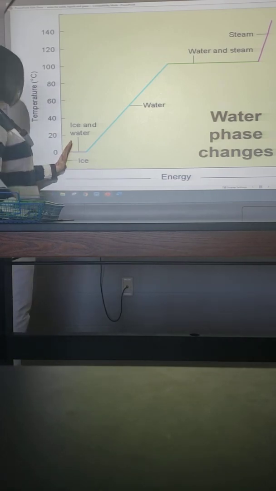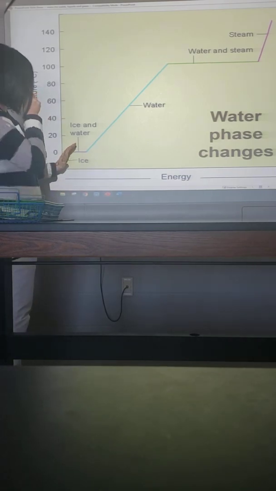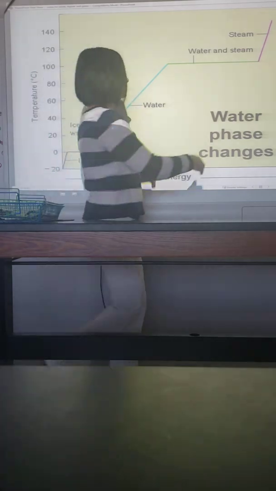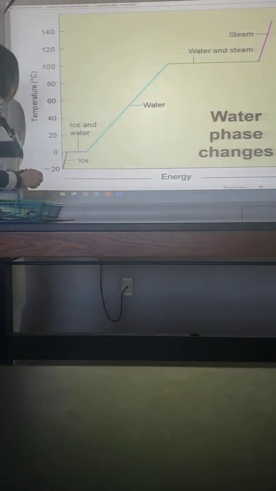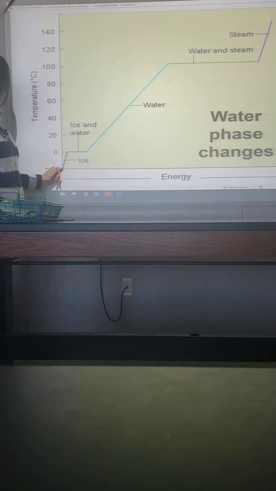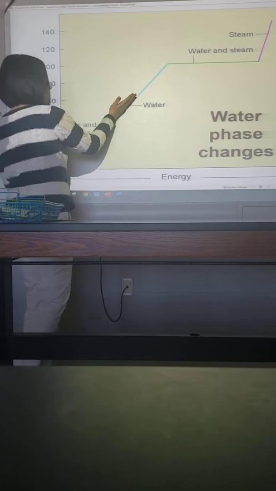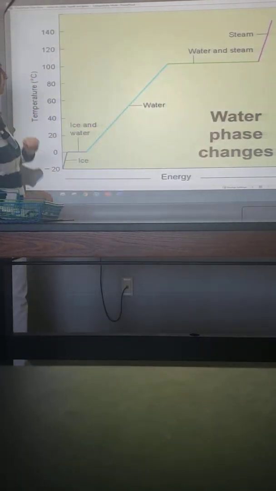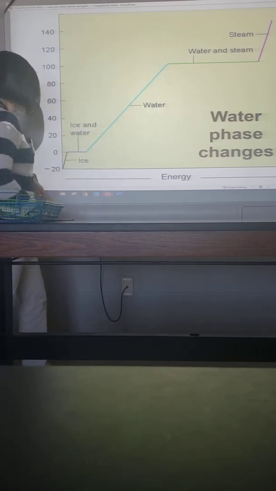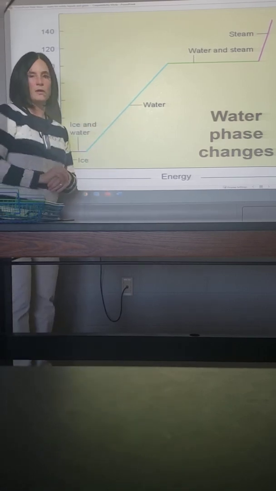Our 3 kinetic energy changes are here, here, and here. We have 1 single phase at each location. I also know that the kinetic is changing because I can visually see the temperature changing. It's going up here, it's gone up here, and it's gone up here, right? I go from 100 to 140, I go from 0 to 100, and I go from -20 to 0.